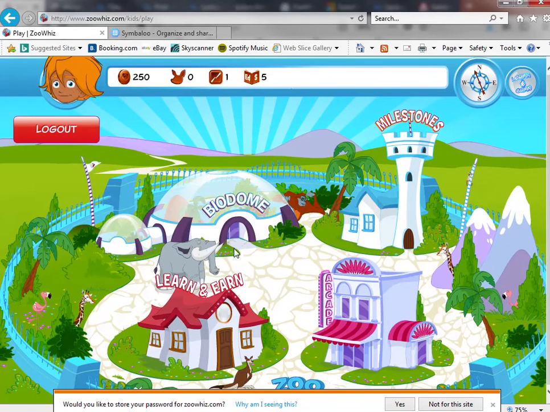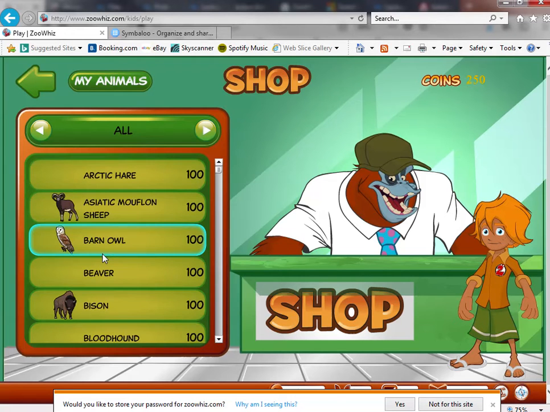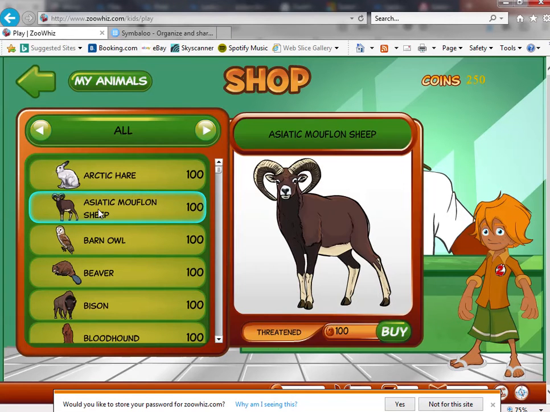But then, if a child is really into animals, they can go into the shop, and in this shop, they can buy animals, and they can begin the collection of animals. The animal is quite expensive, so they can go and buy, say, that animal, and it tells them about it, and so they can say buy.